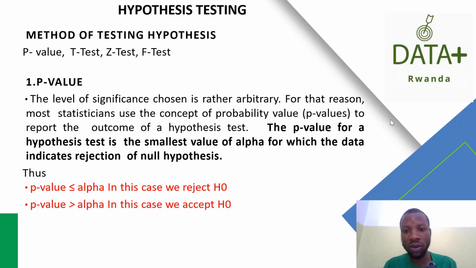If we go to the field, what the p-value means is that there is a lot of error we can make in the process of collecting, analyzing, and doing something so that we can come up with our position or our opinion. During that process, there is an error you can make as a person. The probability of the error you made during that process, since you are trying to convince people to reject the null hypothesis, that's what we call the p-value.